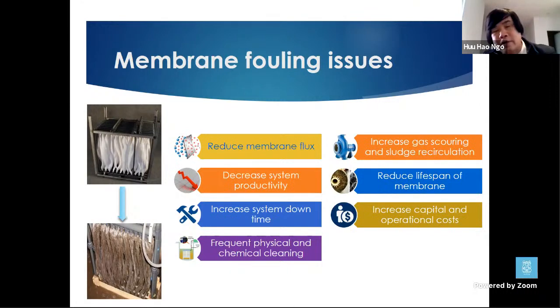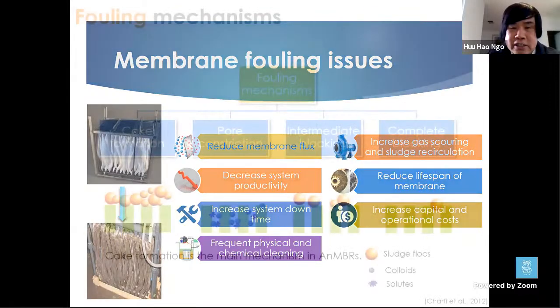Okay, because when fouling happens, the treatment flux will drop, and then the system downtime is higher, and then we have to clean the membrane with chemical or physical cleaning, and we have to increase the gas scouring and sludge recirculation, and then the membrane lifetime becomes shorter, and then of course we have to pay money for that, so that is not good.